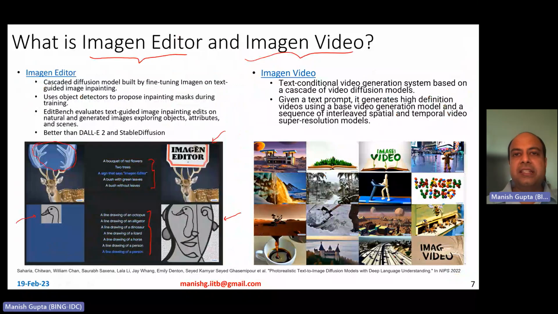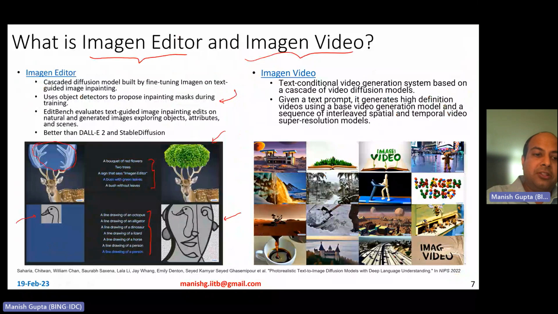So how does this work? It involves a cascaded diffusion model, which is built by fine-tuning Imagen on text-guided image inpainting, very much in line with the way DALL-E 2 was trained for image inpainting. But there is a slight difference here. They use object detectors to propose inpainting masks during training. In DALL-E 2, random crops were removed to generate training data for image inpainting.